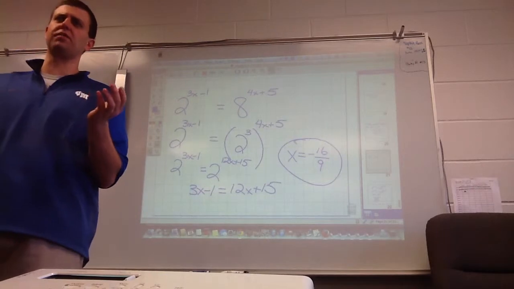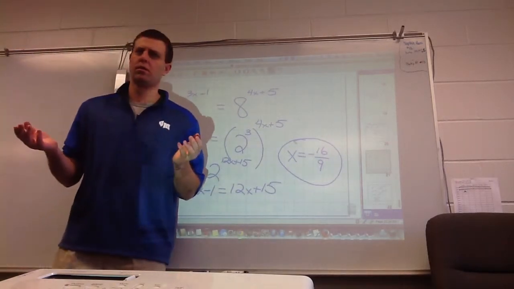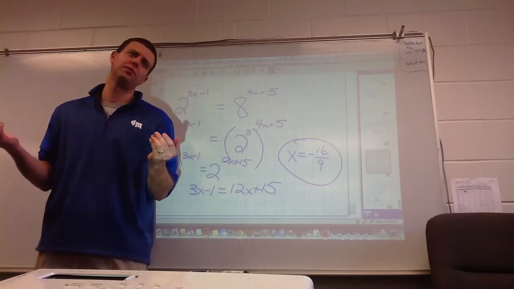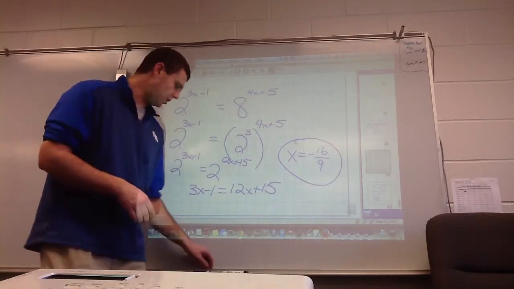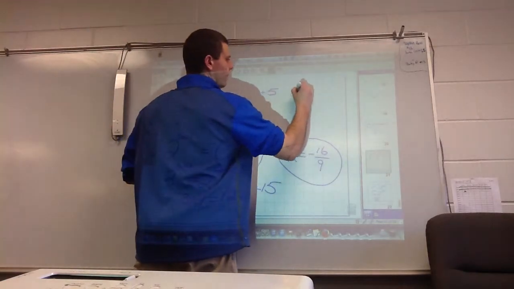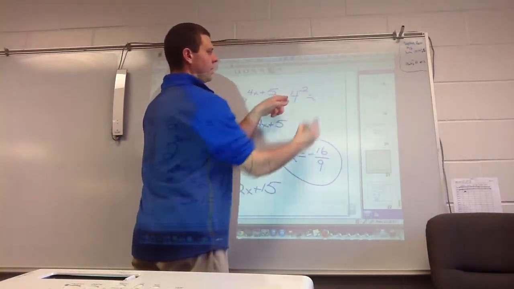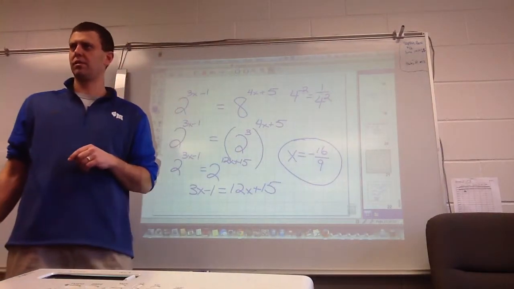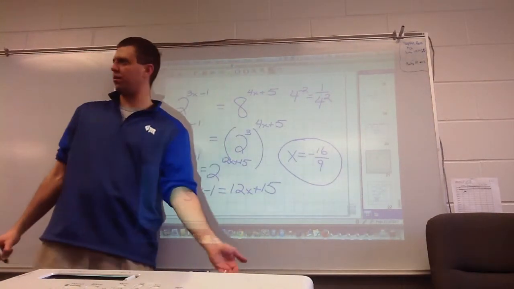What's 3 to the negative 2? 1/9. What's 4 to the negative 2? 1/16. Remember, guys, 4 to the negative 2 power equals 1 over 4 to the positive 2 power, because you can't leave negative exponents, so you move them down to the bottom.